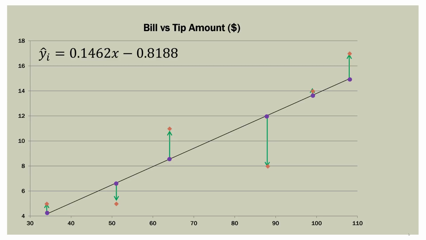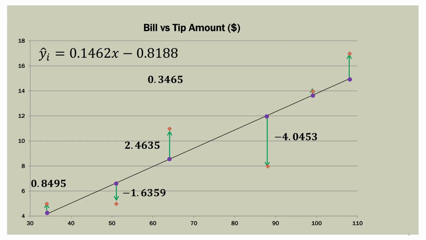That's the orange diamond there, the third orange diamond. But our regression equation predicted something less than that, a little bit over $8. That's the purple dot. So what we have is the difference between what the regression equation predicted, the purple dot, and what our actual observation was, the orange diamond. That's the difference we're looking at here.